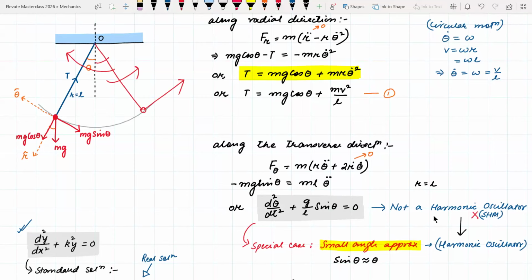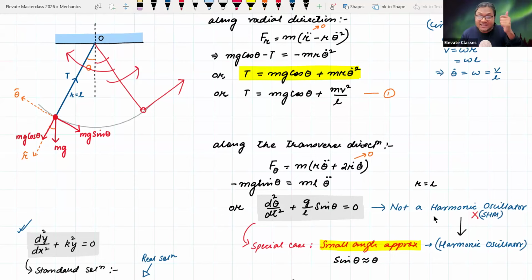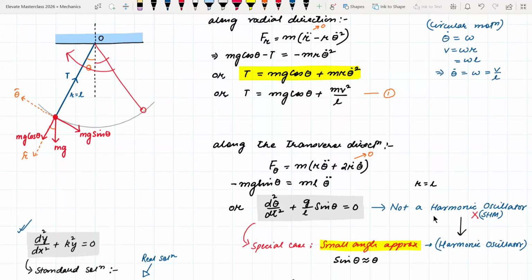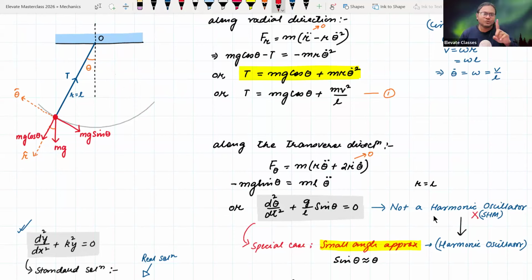The theta is increasing in the positive axis, decreasing in the negative axis. R is increasing in the positive axis, decreasing in the negative axis. That's all. But sir, in this case also the theta direction may vary. It depends on whether it has reached the maximum point or not. No. Even if the particle is moving downward, theta direction is always that side.